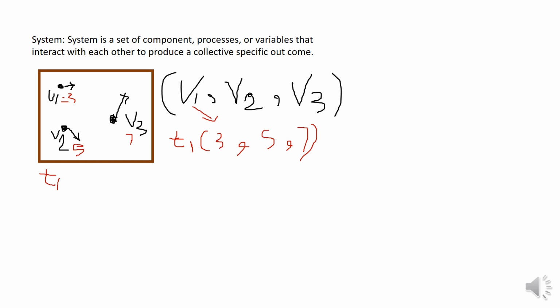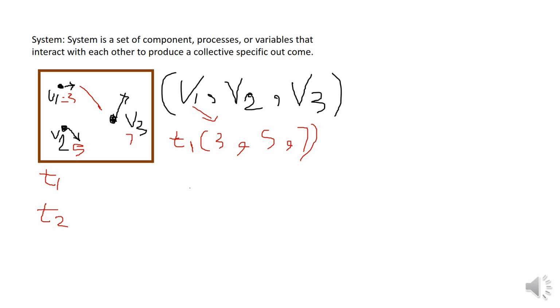At a later time t2, this situation of the system can be changed from the previous one because these particles are in random motion. Let's suppose particle 1 has collided with particle 3 and they have exchanged their velocities.